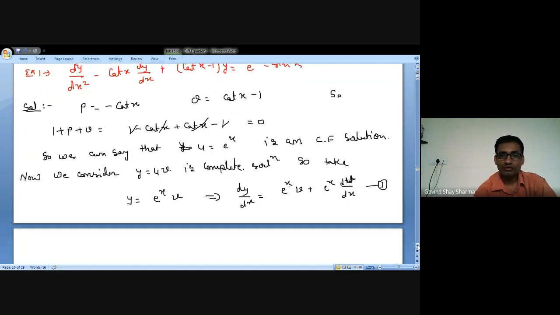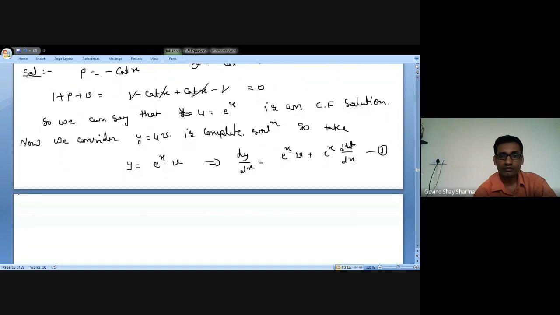Now d2y upon dx2, again differentiate: d2y upon dx2 is equal to e to the power x v plus e to the power x dv upon dx plus e to the power x dv upon dx plus e to the power x d2v upon dx2.